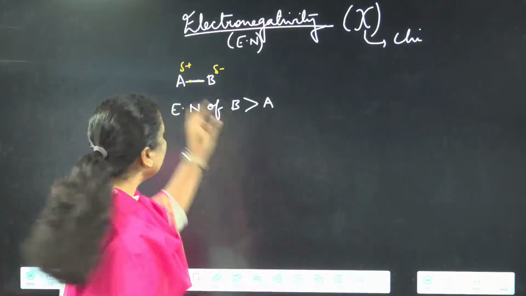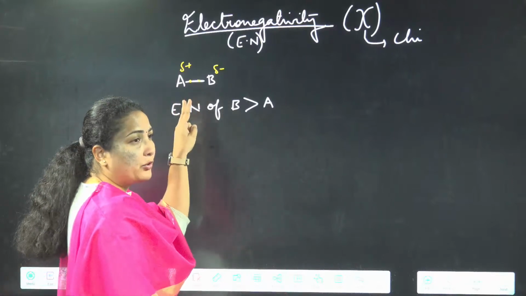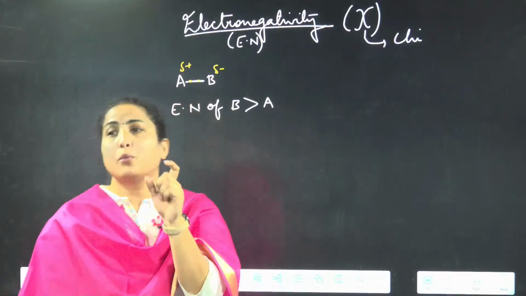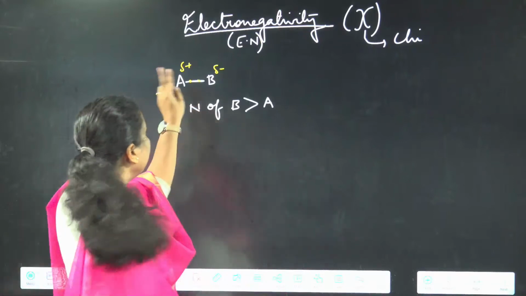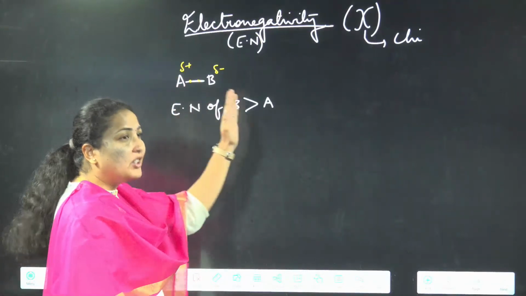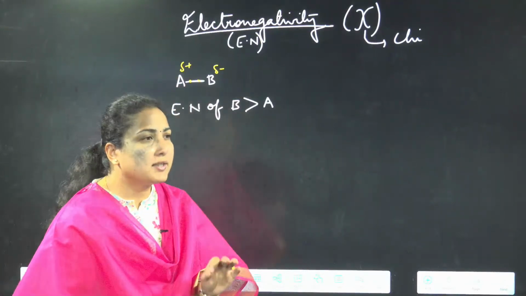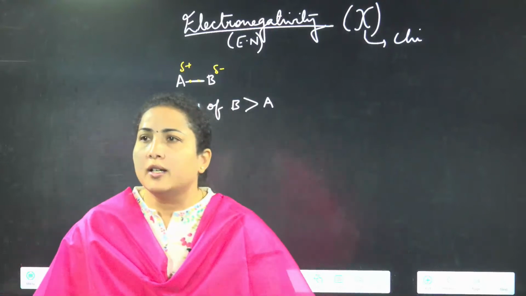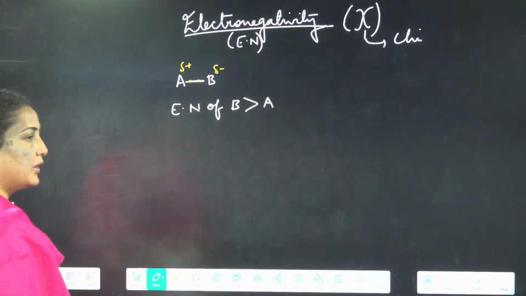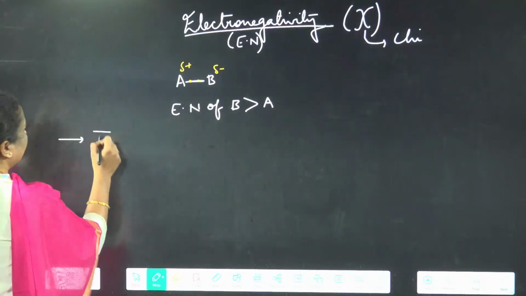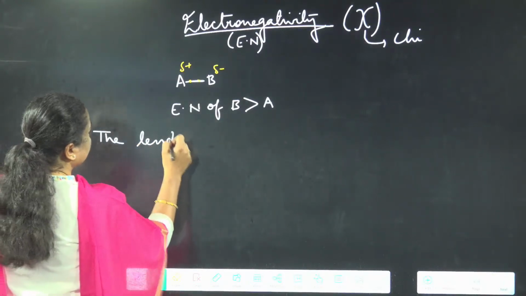So the tendency to attract the shared pair of electrons, when I say shared it means it is in a covalent bond only. So the tendency to accept or attract the shared pair of electrons towards itself from a single covalent bond is known as electronegativity, right? So I'm writing down here the definition for it.